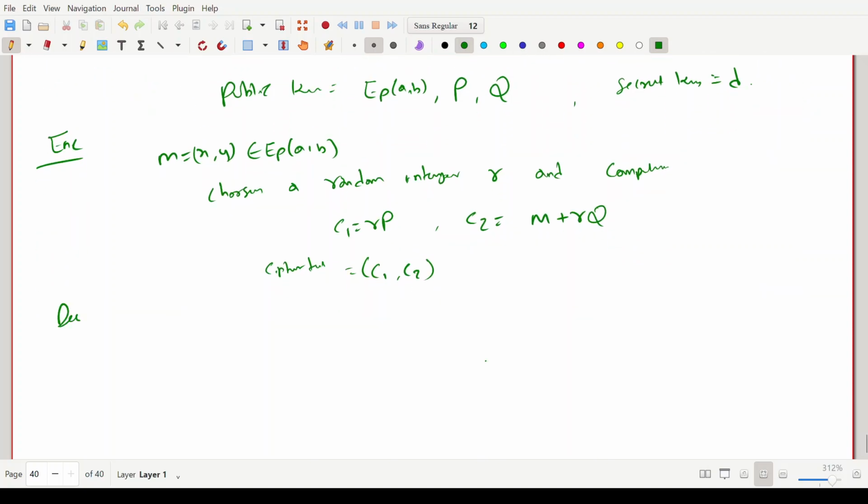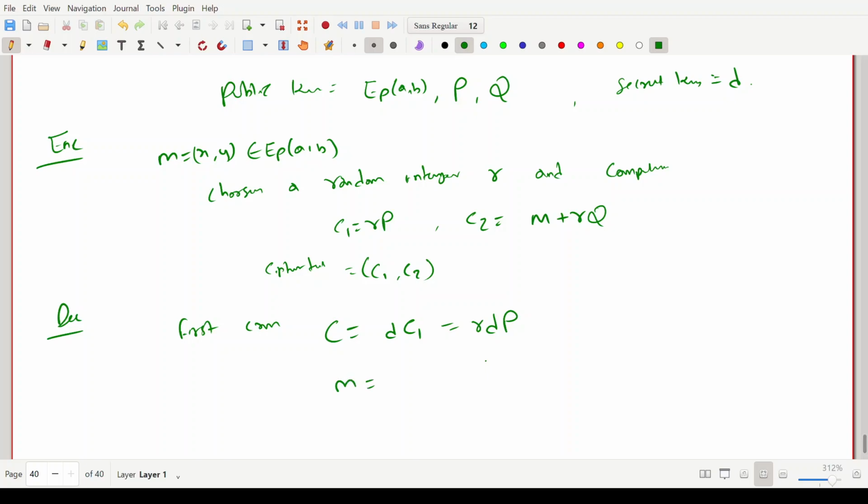Now decryption is easy. Bob first computes C, which is D times C1. So I am multiplying D with C1, and I will be having RDP. Then compute the plain text.